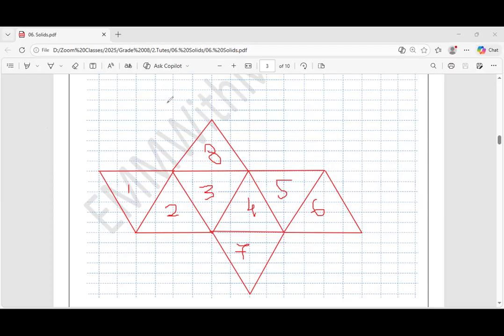So this is called the net of the octahedron. No need to write that.